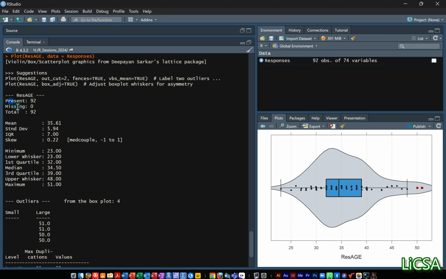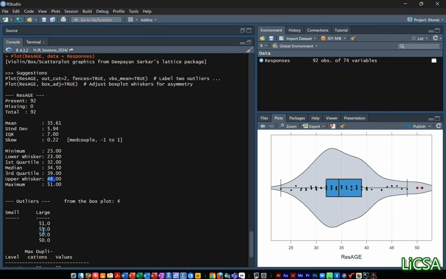It gives us the same information, but it expands on it. It gives us the mean and standard deviation, like in the histogram, but then it brings in the interquartile range, the skewness, the minimum, and something called the lower whisker and the upper whisker.